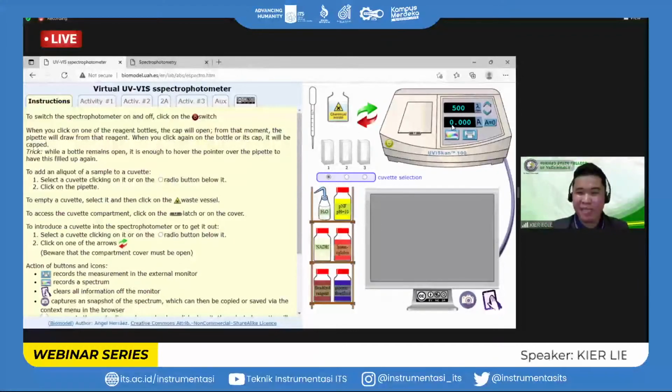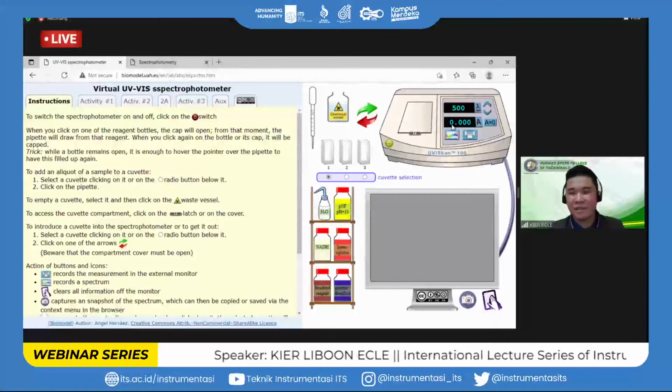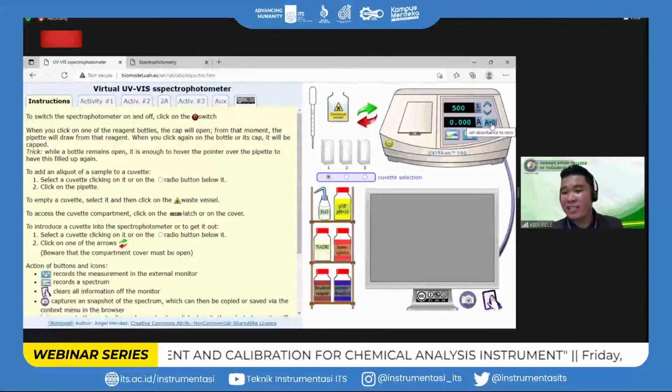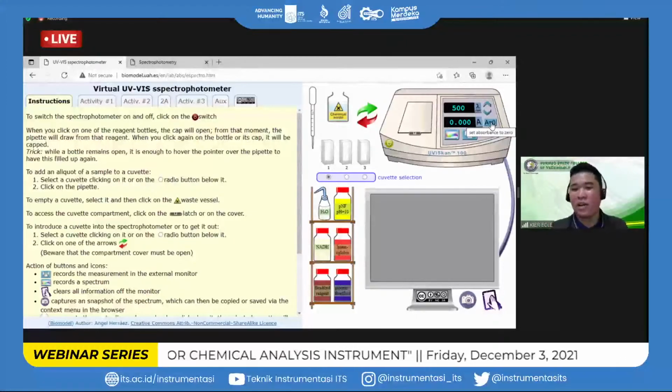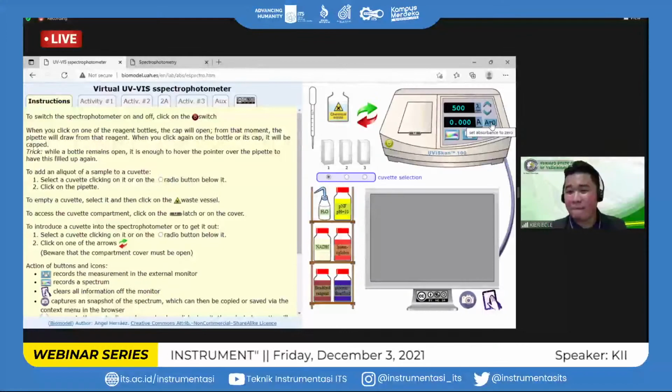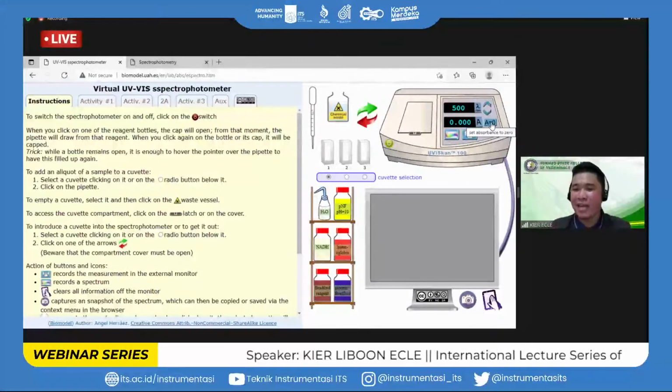If the absorbance is greater than 0, then you must click the auto zero button, which contains A equals 0, and it will then display an absorbance equal to 0.